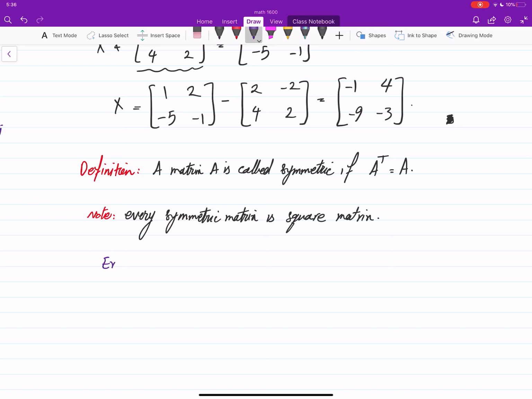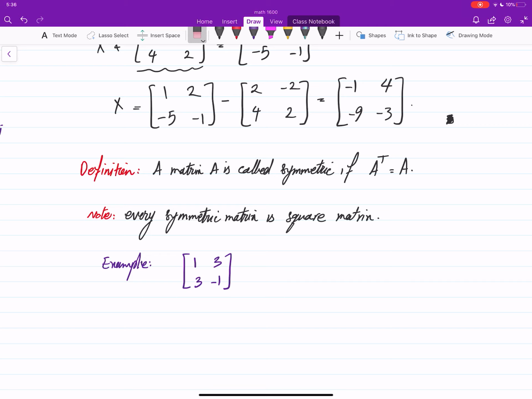Well, what are the examples? If it is 2 by 2, you can have anything on the main diagonal, and you can have anything above the diagonal. Let's say 3 here. But everything below the main diagonal should repeat what you had up there. So the transpose of this matrix is equal to itself.